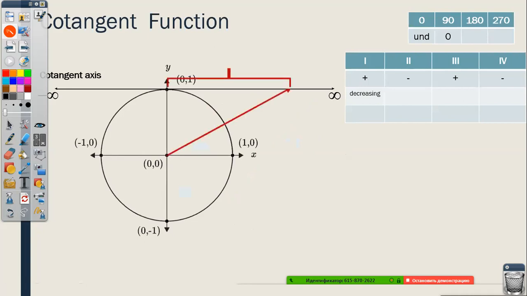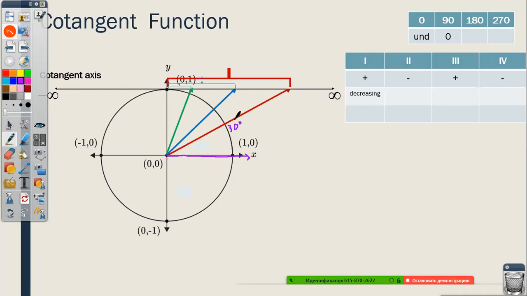Now again I will compare three angles in the first quadrant. Firstly, I want to show you here. When the angle is 0, the angle and the cotangent axis are not intersecting, so that's why at 0 degrees it's undefined. And then let's write here 30 degrees, the first angle.